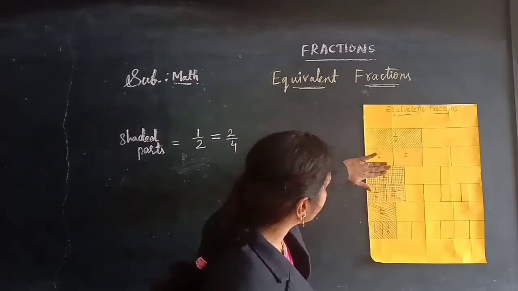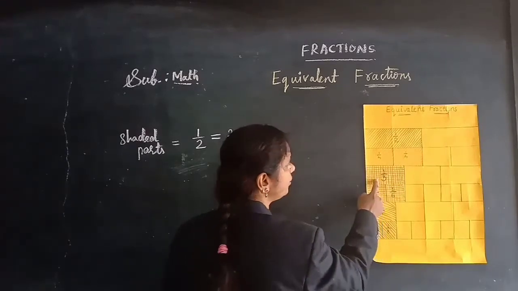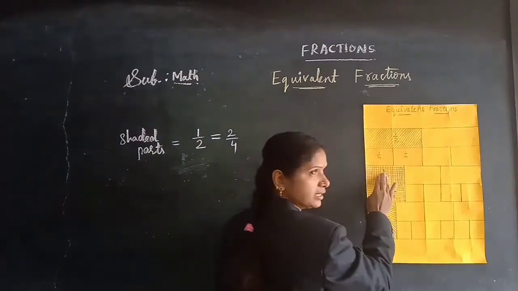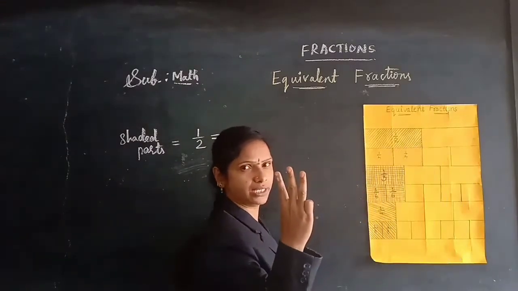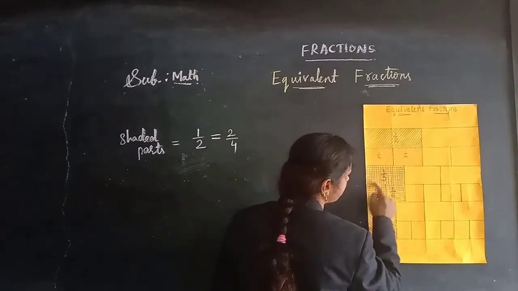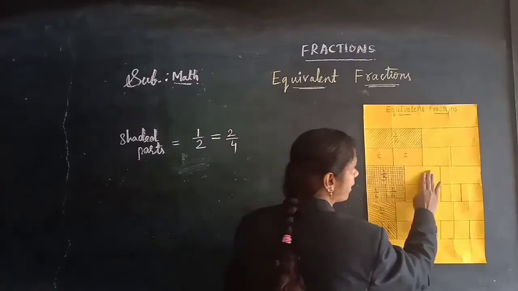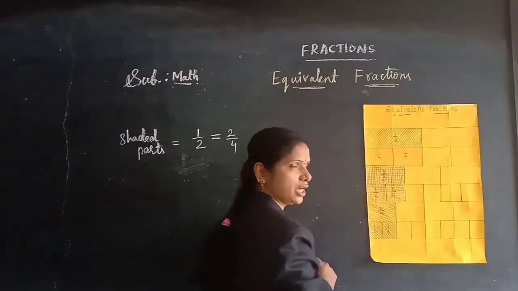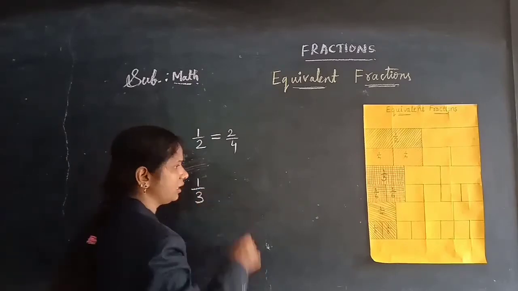And when you are comparing the third row and fourth row, children, in the third row I divided into 1 2 3 parts. In that, you can see one part I shaded. So in 3 parts, one part is shaded, so the shaded part fraction is 1/3.